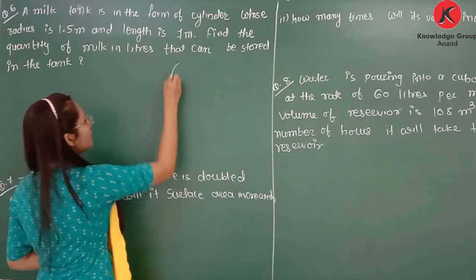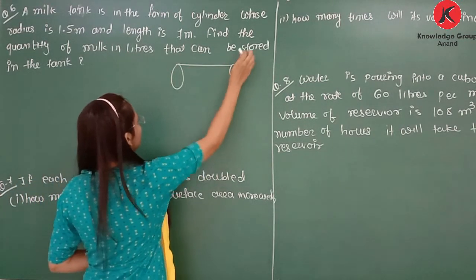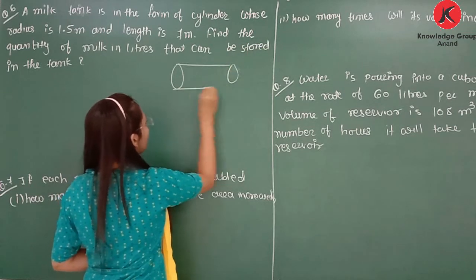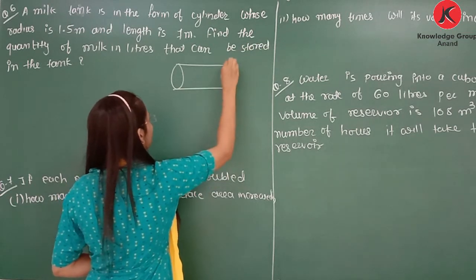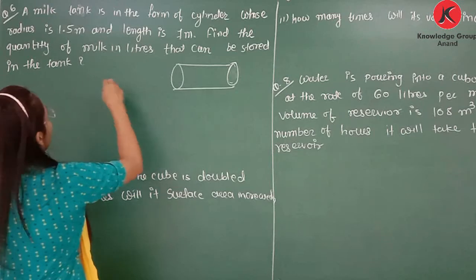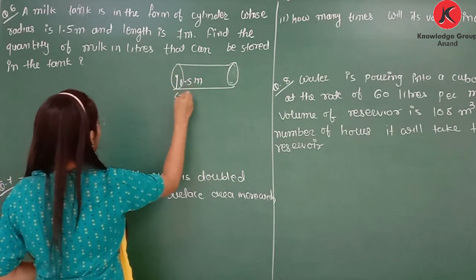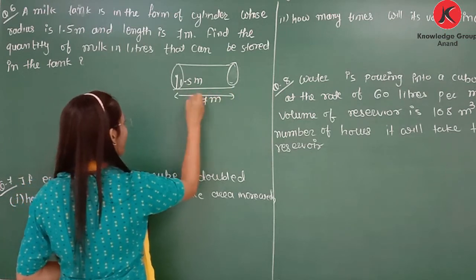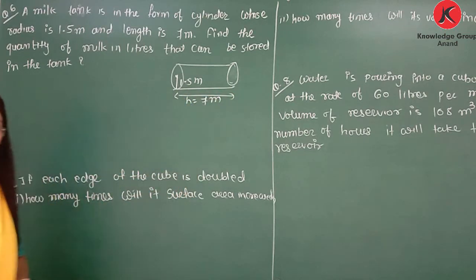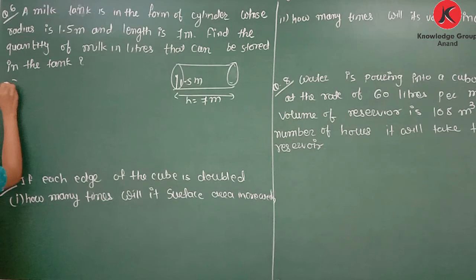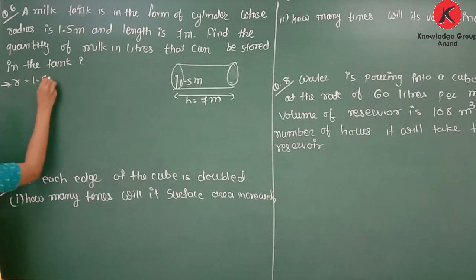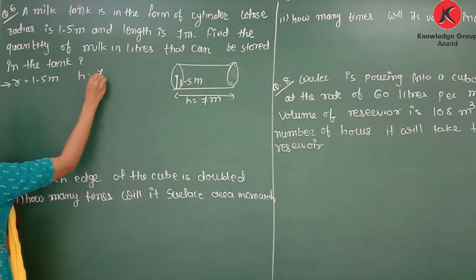If we consider a cylindrical tank for which radius is 1.5 meter and length is 7 meters, length will be the height for this cylinder. So here radius is 1.5 meter and height will be 7 meter.